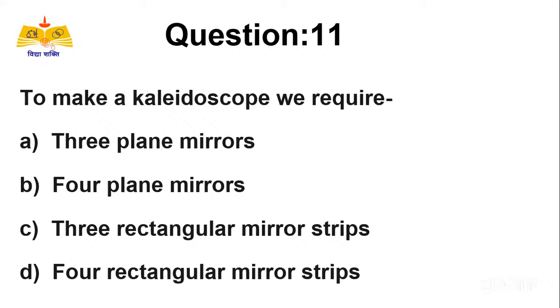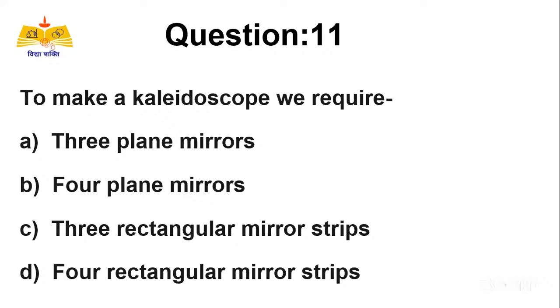To make a kaleidoscope, we require A. 3 plane mirrors, B. 4 plane mirrors, C. 3 rectangular mirror strips, D. 4 rectangular mirror strips. All right. Shall we go next?